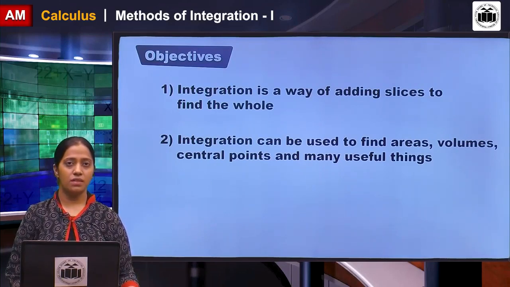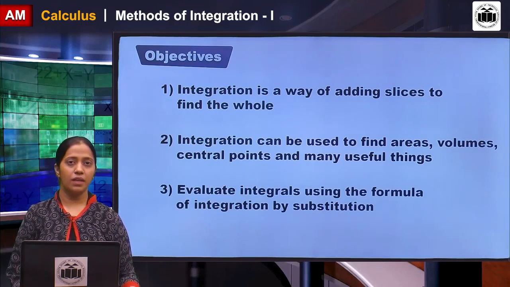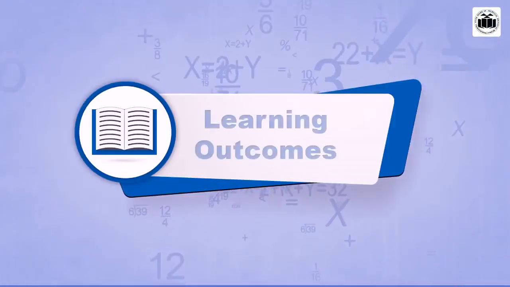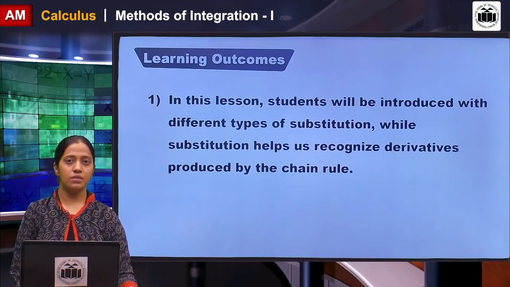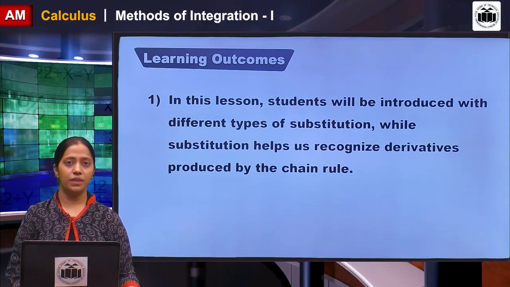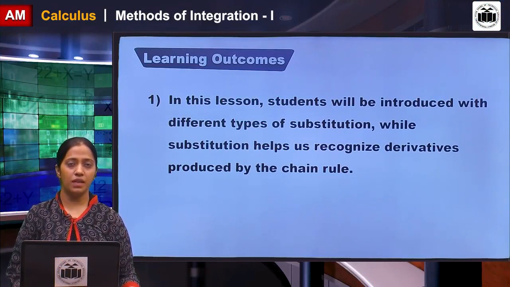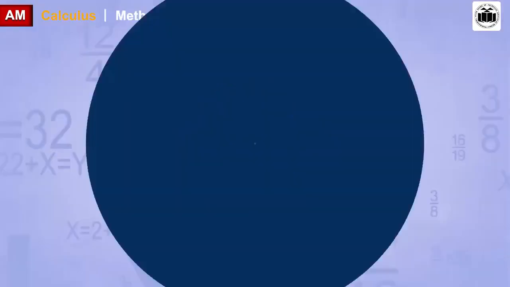Third objective is to evaluate integral using the formula of integration by substitution method. In this lesson, students will be introduced to different types of substitution, while substitution helps us recognize derivatives produced by the chain rule.